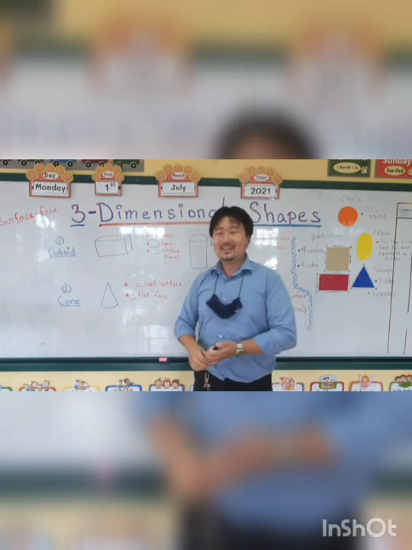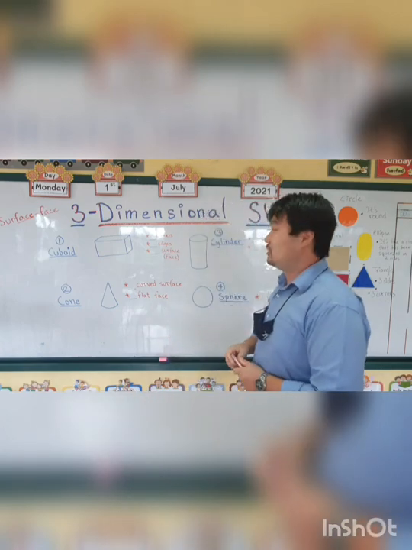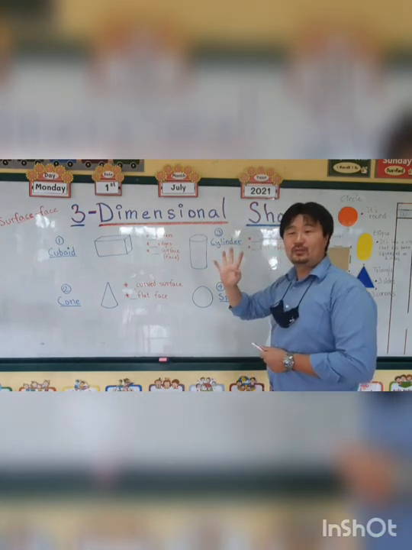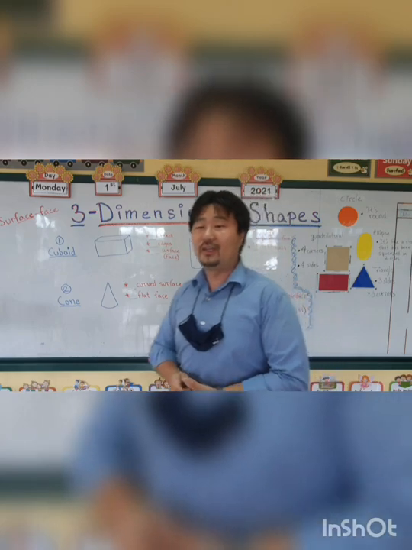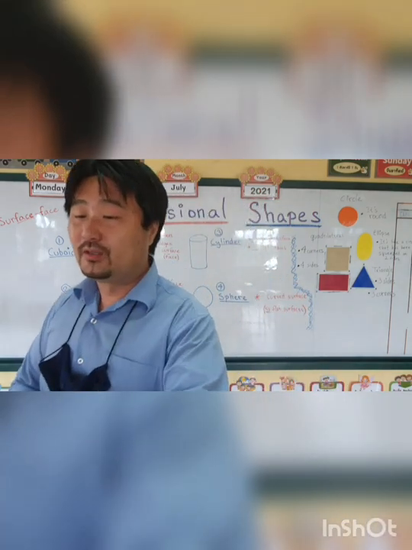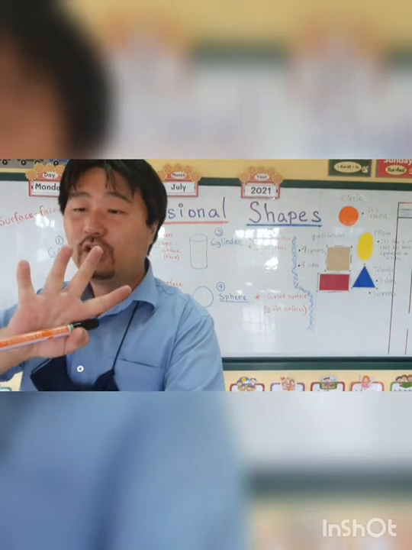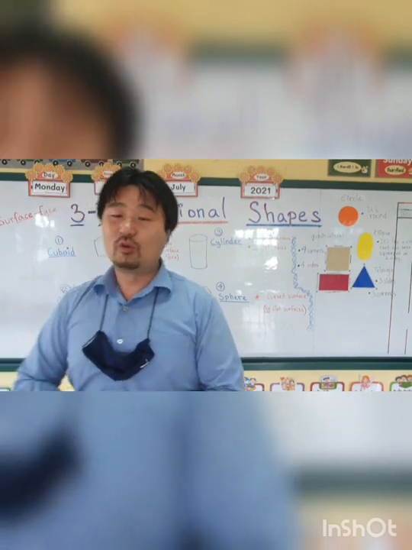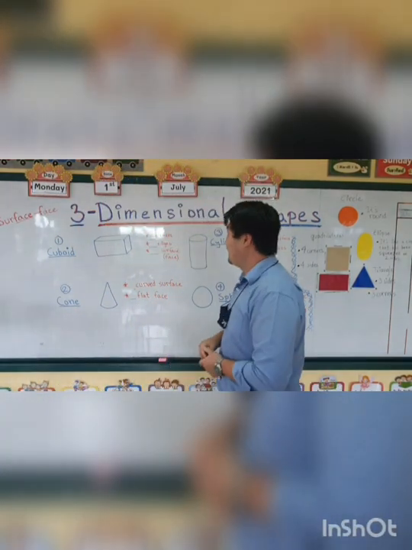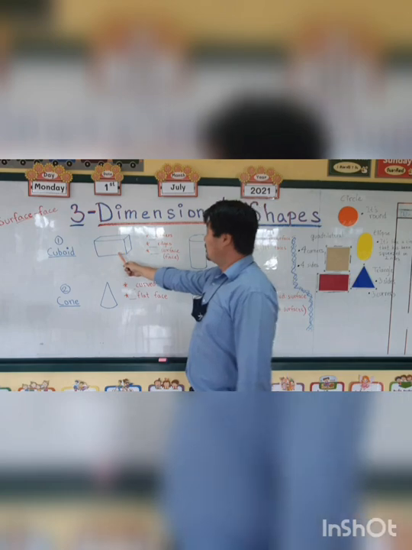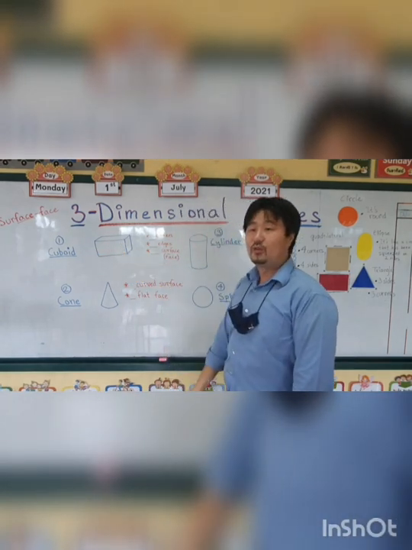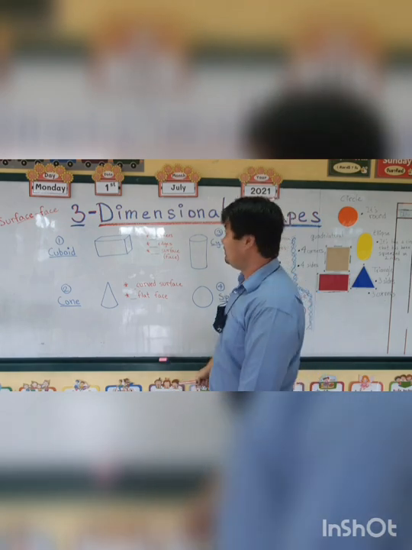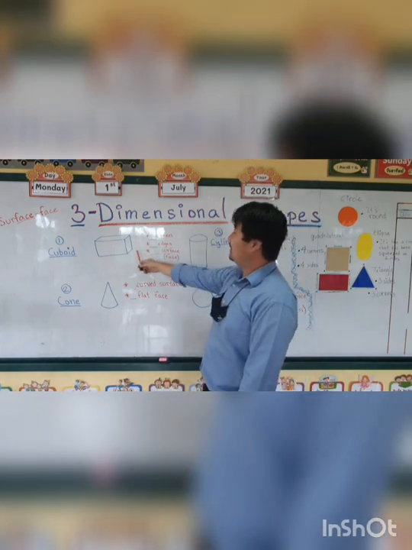Very good. So now let's dive into the 4 shapes we're going to do today, or actually the more correct word is solids. So now let's go into the 4 solids that we're going to talk about today. Okay? So the first solid is called a cuboid. Okay? And it looks like this.